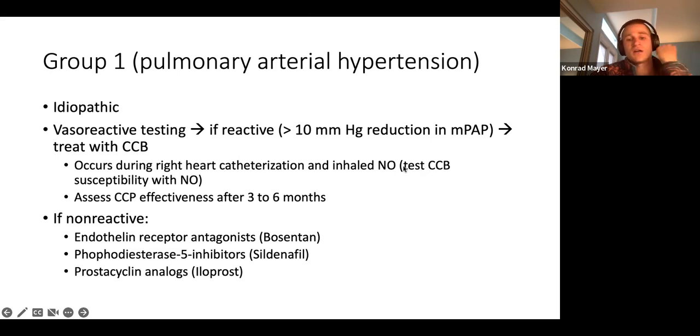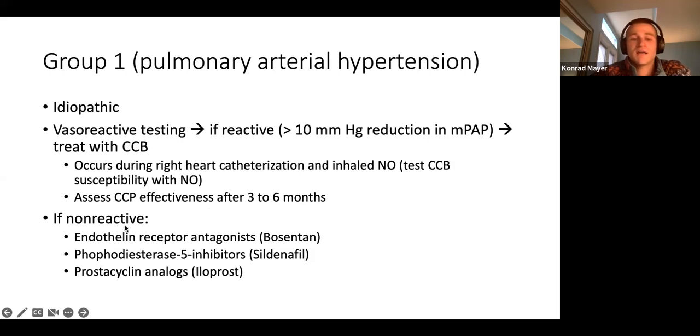So it is important we do not treat with nitric oxide, but we test. We test with NO to see if they can be treated with calcium channel blockers. So test with NO, treat with calcium channel blockers. And they are reactive if there's a more than 10 millimeters Hg reduction in the mean pulmonary arterial pressure. Then you should treat with calcium channel blockers, and you should assess their effectiveness after 3 to 6 months.